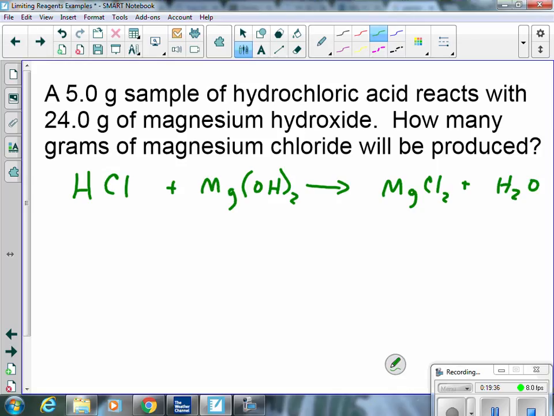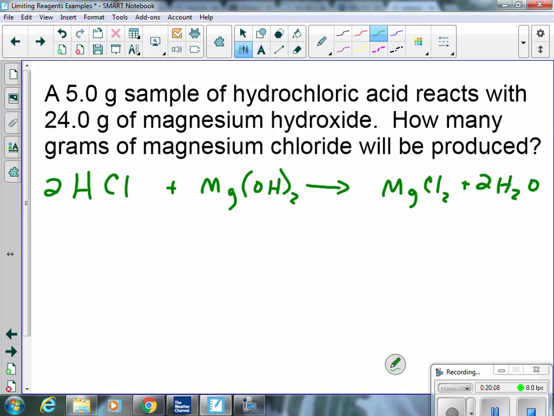So I need to go through and balance this chemical equation. I can see that I'm definitely going to need a 2 there, because I have 2 hydrogens and 2 chlorines. I would imagine that means that I'm going to need 2 waters also. So as I put that in, 4 hydrogens, 2 oxygens, 2 chlorines, 1 magnesium.